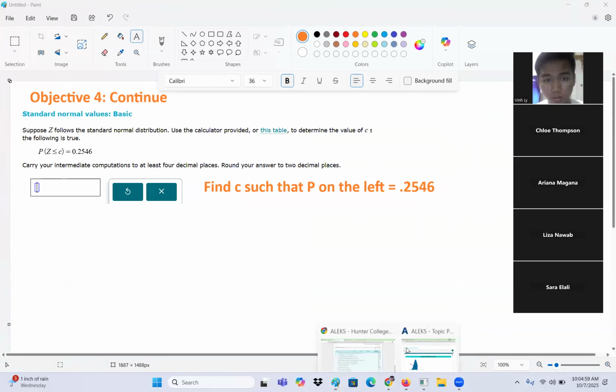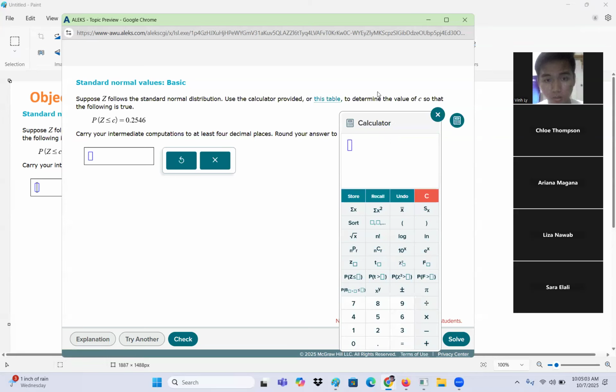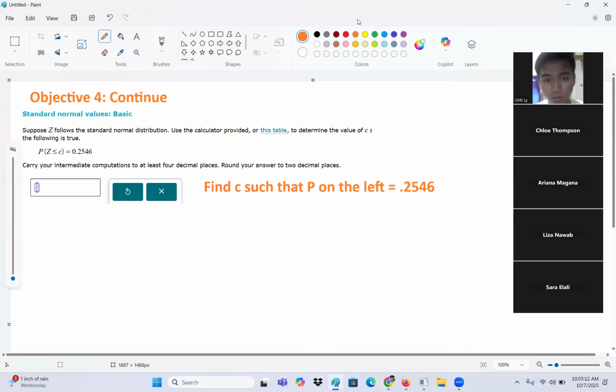So we cannot randomly guess. We actually have to find the exact value. You need to find the z-score. This is what we have to figure out, the z-score that satisfies C with a left-side probability of 0.2546.